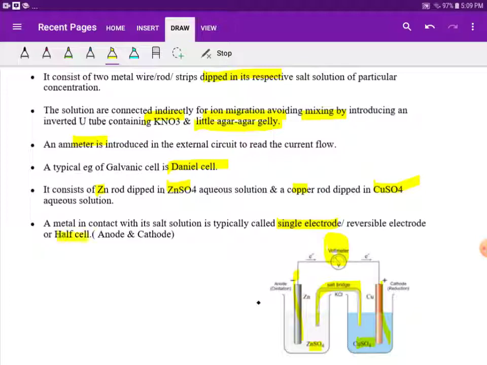Once again, a metal in contact with its salt solution is called a single electrode or reversible electrode or half electrode. That is, our conventional anode and cathode are the single electrodes.